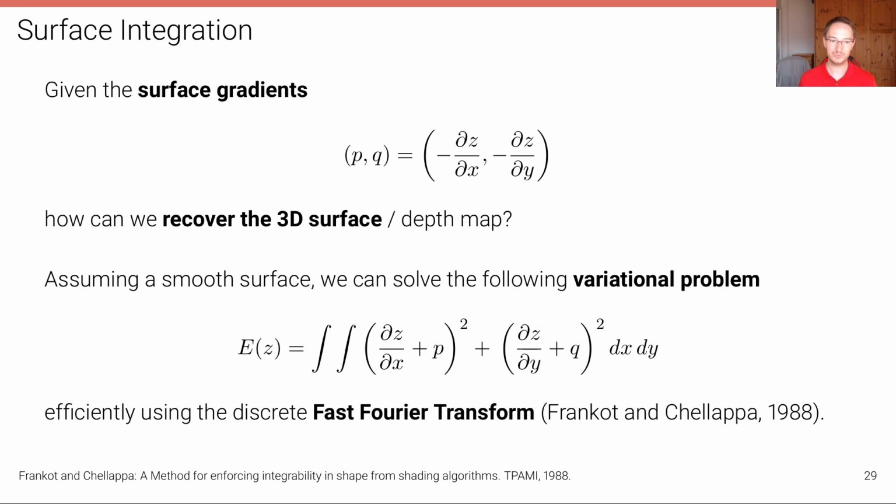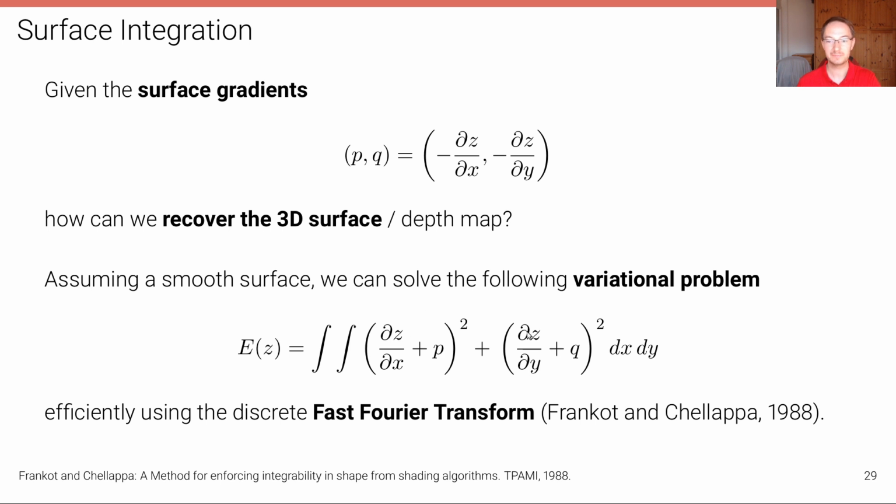Well, the best way to do that is also assuming a smooth surface that doesn't have any jumps, to solve a variational problem where we integrate over the image domain and we are computing these two terms here, which is so this is the gradient of the surface or of the depth map with respect to x, and we add p here because p is the negative surface gradient, so effectively we are subtracting it, and these two must be the same.